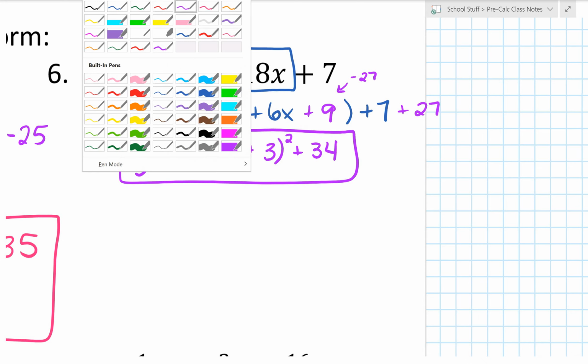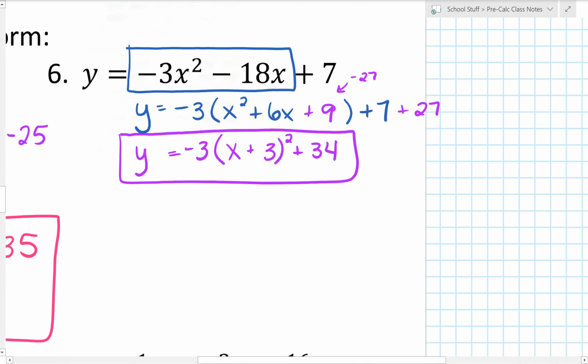And again, what we're going to be going to eventually is just to be able to look at this and say, okay, now my vertex is going to be at negative 3, 34. So there's a reason why we're doing all this. We just haven't really gotten to the place where we can apply this stuff yet. It's always half to go from here to here. It's always opposite what you put into the equation. You have to balance that out.